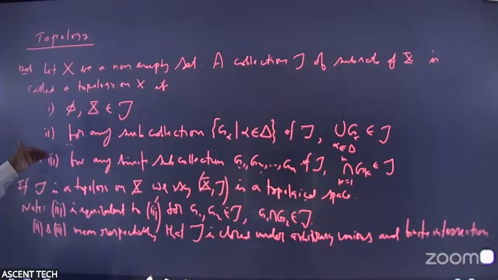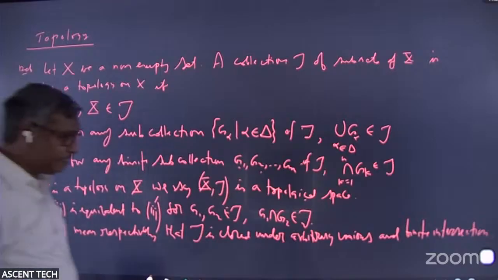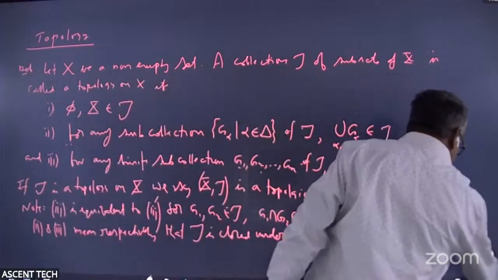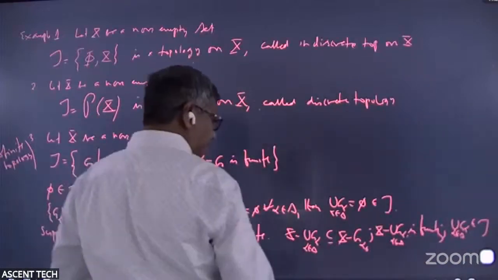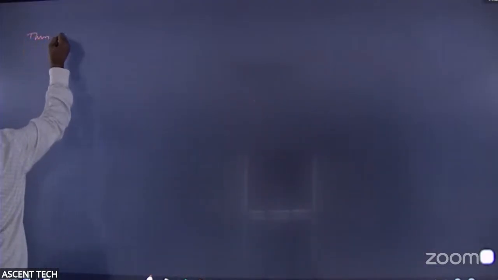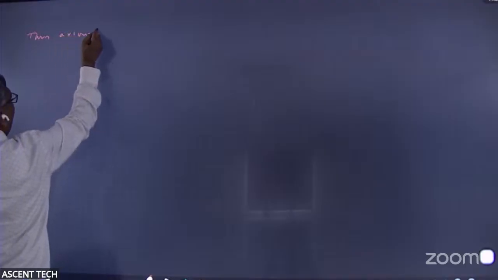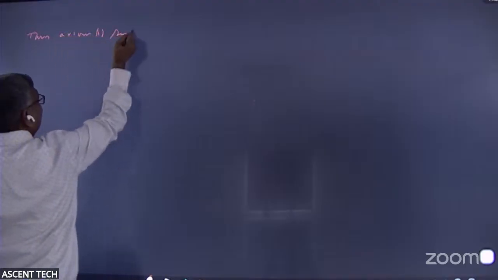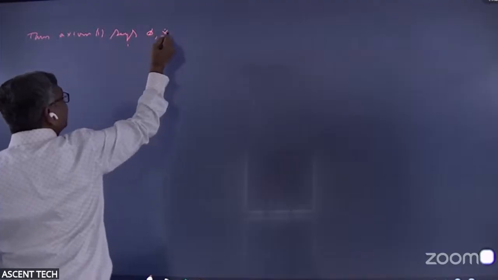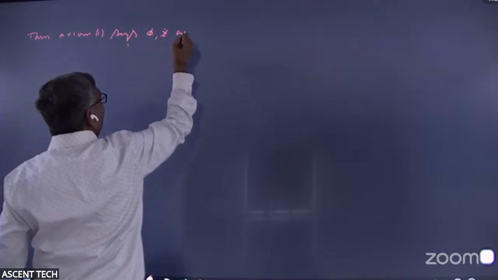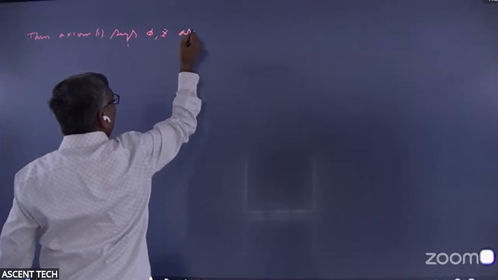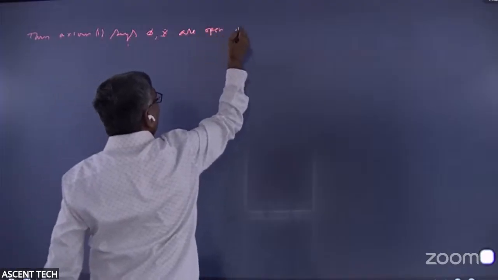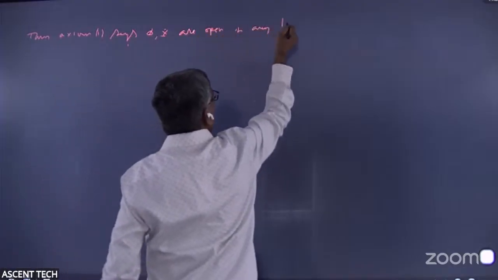So axiom 1 says the empty set and the whole space are open in any topological space.